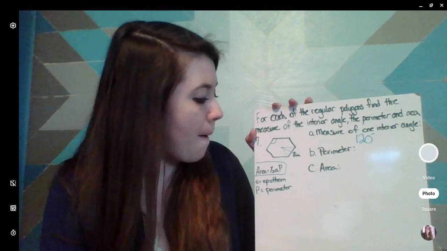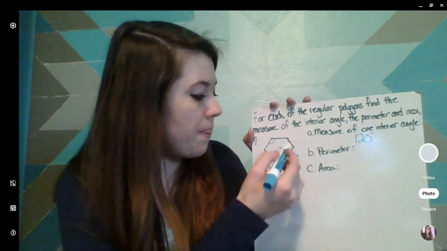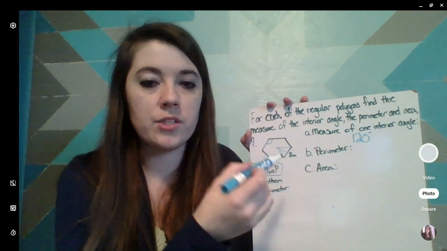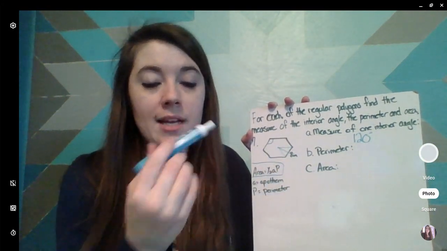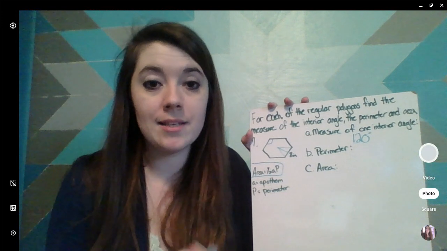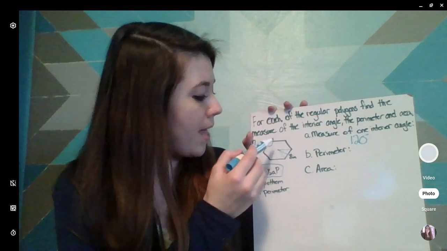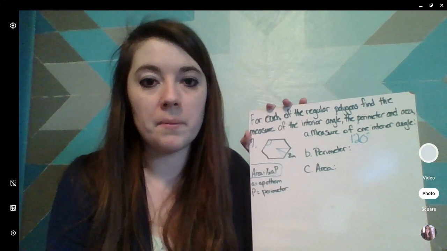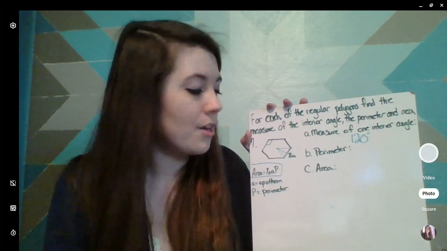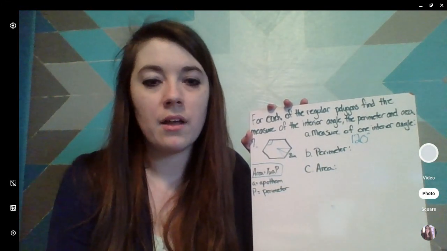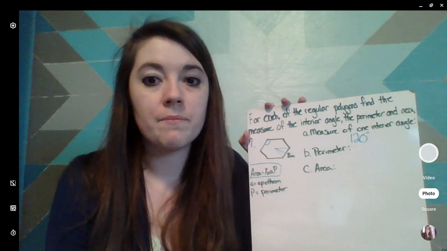We get that from the fact that if we solve for the central angle, we take 360 divided by 6 because there's 6 sides. So that would give us 60 degrees. And then each one of these angles is going to be double of that.